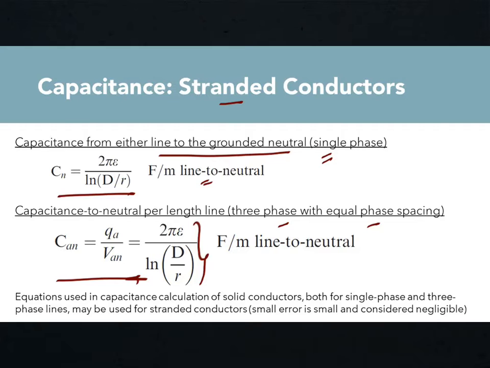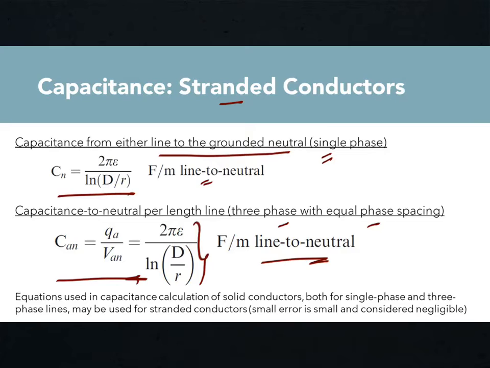Again, this is line to neutral. There will be no problem if you get the line-to-line capacitance, because we know that the line-to-neutral capacitance is twice the line-to-line.